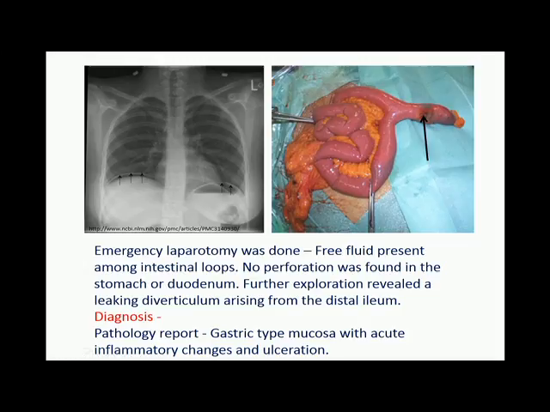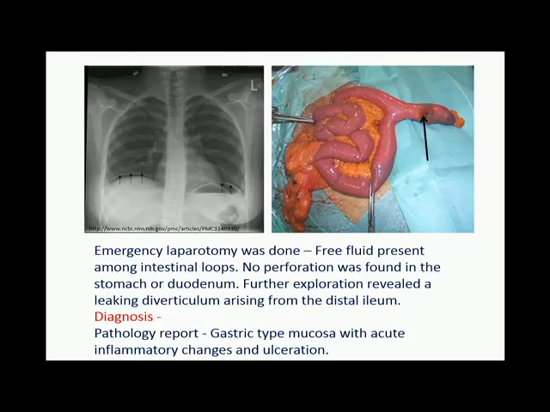The vitellointestinal duct has pluripotent cells that can differentiate into any cell type, and not uncommonly they differentiate into gastric type mucosa. So in Meckel's diverticulum, sometimes you get gastric type mucosa, and therefore it can respond to NSAIDs.